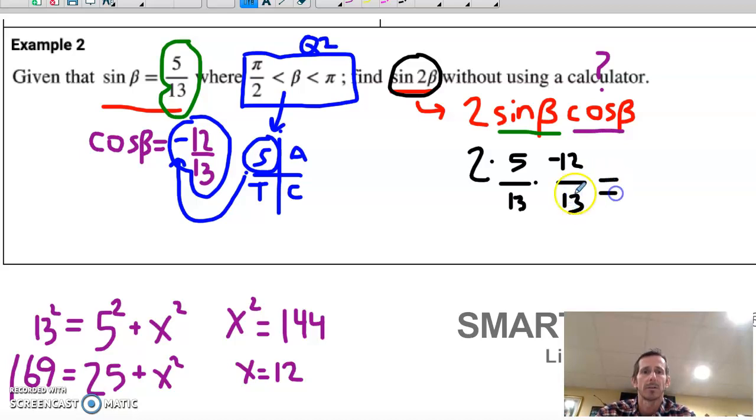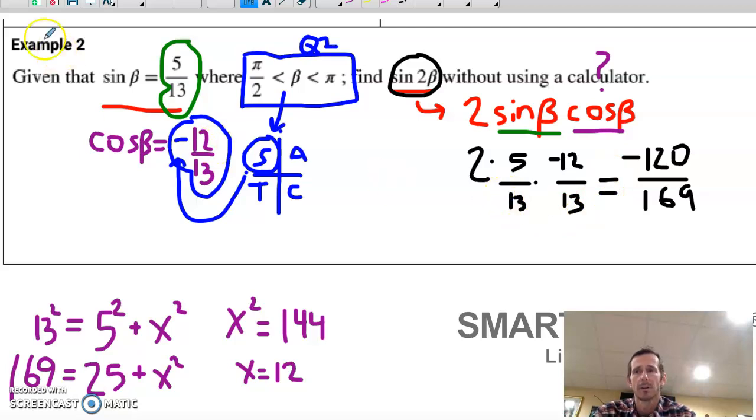And if I multiply those, this is really over 1, so I have 10 times negative 12 is negative 120. And if I multiply 13 times 13, I get 169. And that is my answer, and that is the first problem.